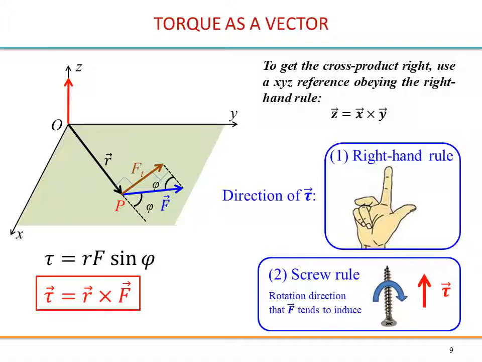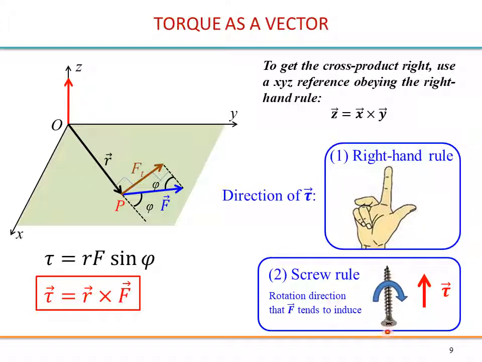So what it does is that again you imagine a screw positioned at your axis of rotation, and you look at what kind of rotation will be induced by F. So in this case, F tends to induce a rotation in this way, which is, in a view from above, a counterclockwise rotation.